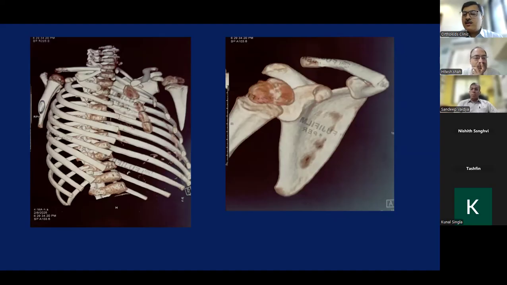So Sandeep, how should we manage this? We cannot leave it conservatively, right? Yeah, probably not, considering that this is probably impinging on the vital structures. So I would keep a vascular surgeon, obviously, and a plastic surgeon with me. Then this would need to be explored.